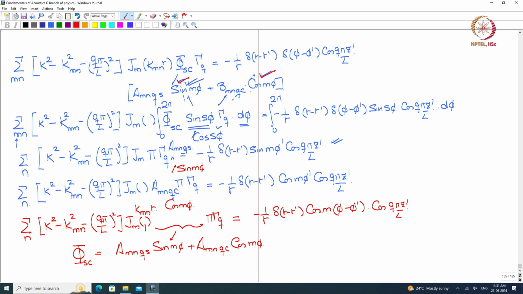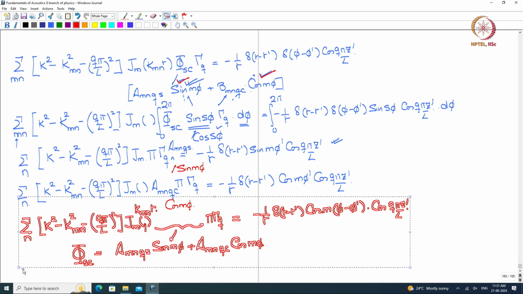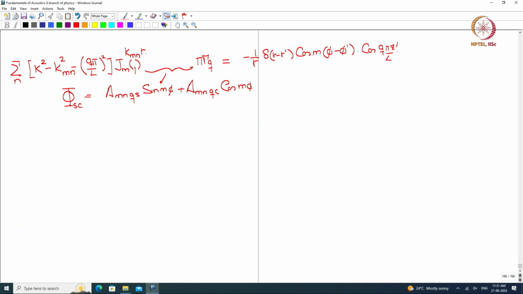So, if I take this to the next page, what I will have is, let me just say phi SC. Okay. Now I multiply pi gamma q.